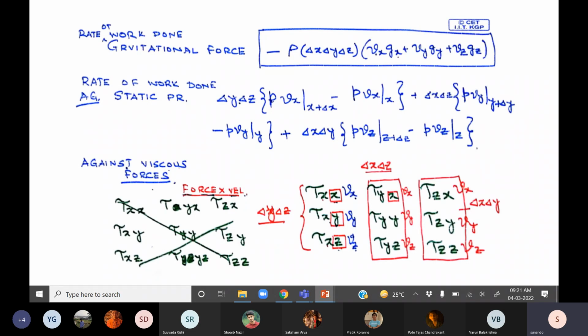So whenever you have a large velocity gradient, because of high velocity or a small length scale, those are the situations in which viscous dissipation cannot be neglected. But for many real life situations, for example flow of water through a pipe, the velocity gradient is not large and the velocity itself is not too high.